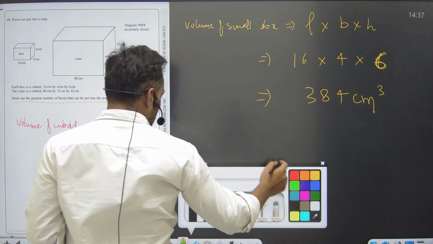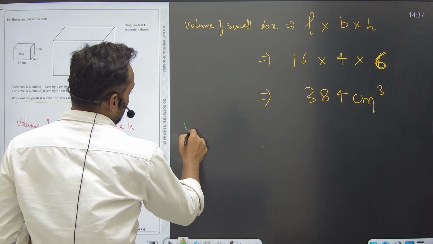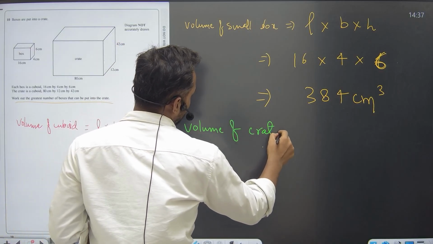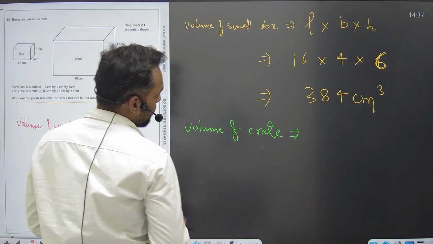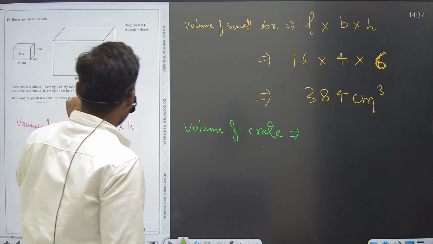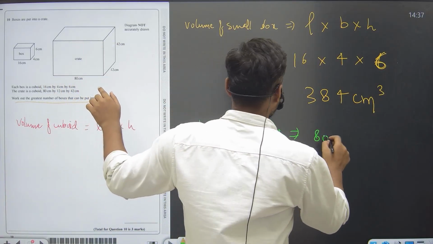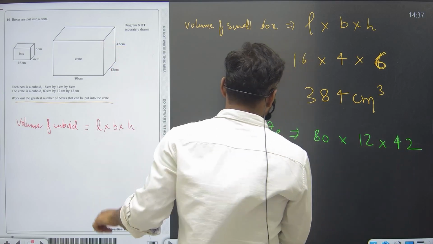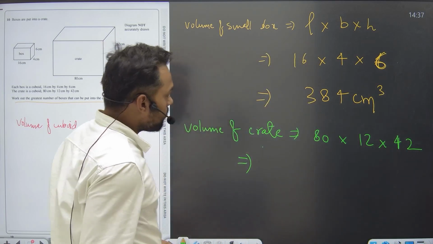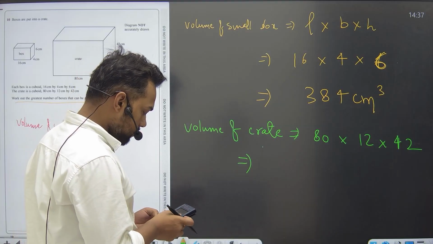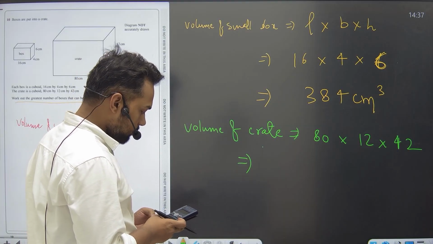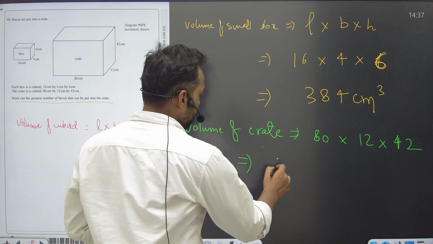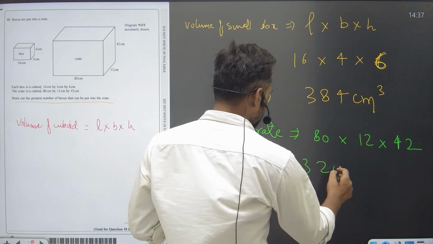Now for the volume of a crate, this is also a cuboid, so it will be L B H. What is the length of the crate? 80 cross breadth 12 cross height 42. 80 cross 12 cross 42 is equal to 40320 centimeter cube.